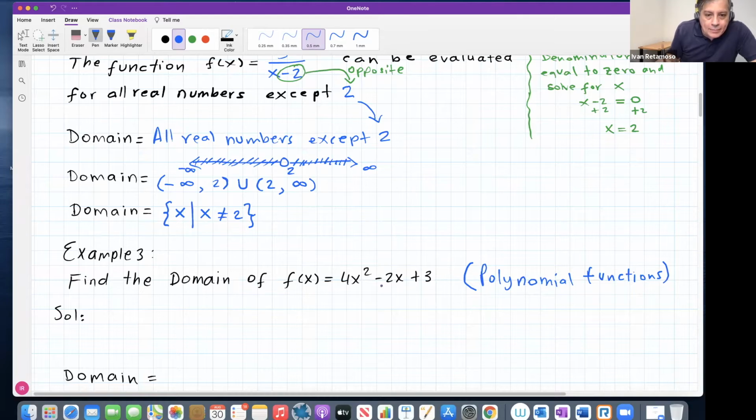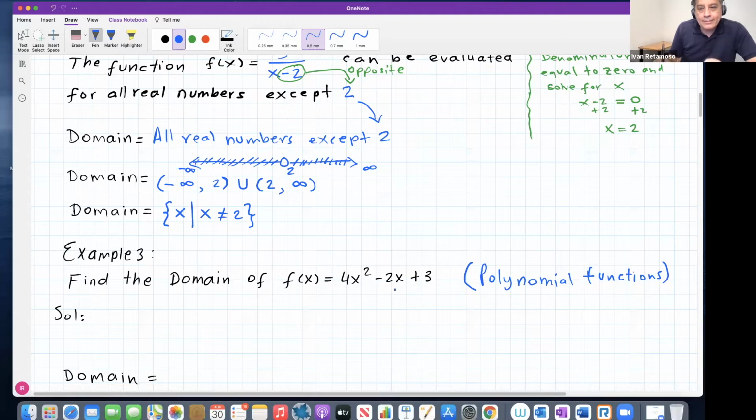Now, why is that? Well, notice that in order to see for which values of x this formula makes sense, it's enough to see that any real number can be squared, any real number can be multiplied by 4, by 2. There are no restrictions when it comes to evaluating this function.